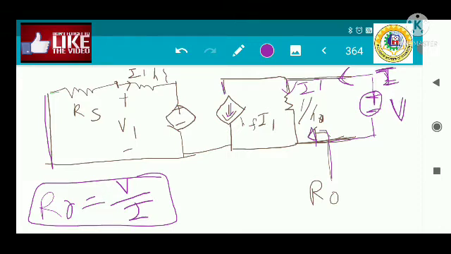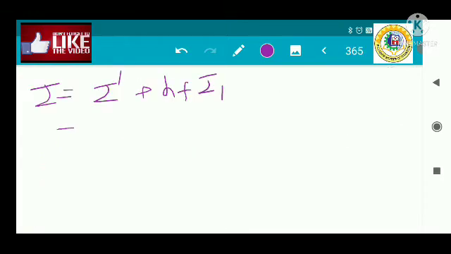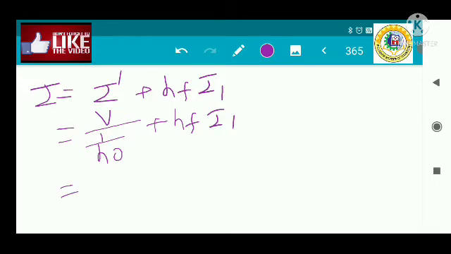This resistance is 1 divided by H naught. So this I prime is nothing but, there is a voltage V, so V divided by 1 divided by H naught. So I prime equal to V divided by 1 divided by H naught, which is nothing but H naught V. So I equals H naught V plus Hf I1.